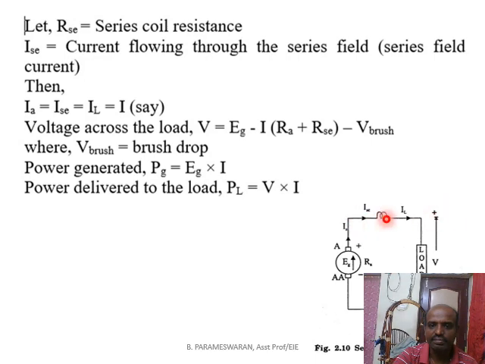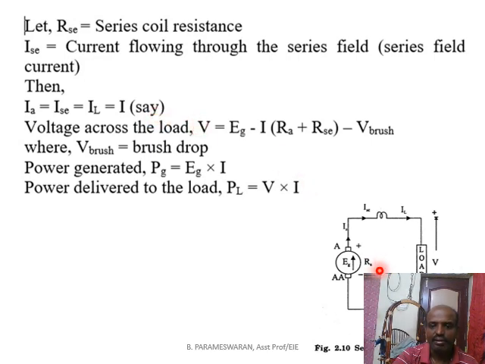The current flowing through this field winding will be Ise, the current flowing through the series winding. Armature winding, field winding and load are connected in series, so all these currents are equal and commonly denoted as I.